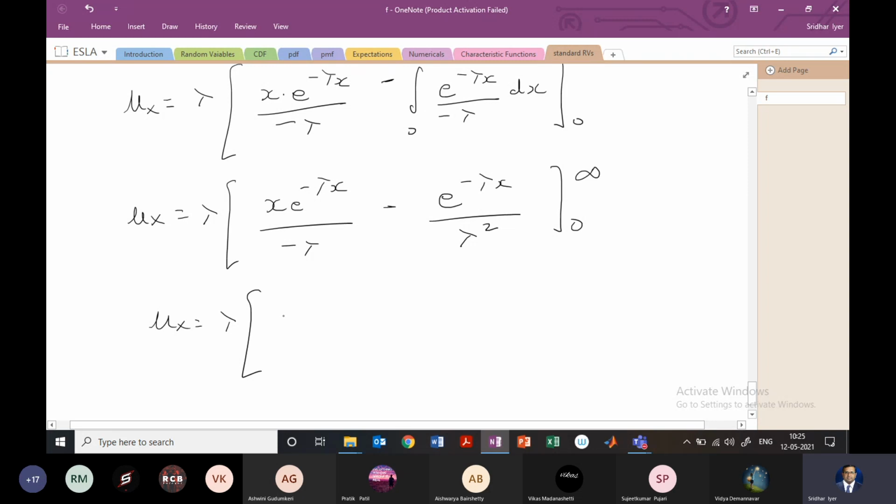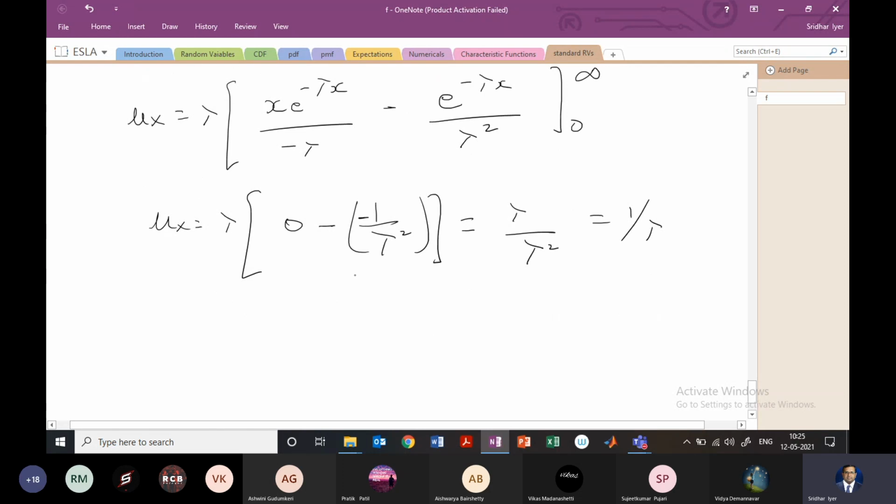Now we'll substitute for the infinity part. So you'll have 0 minus, in the second term you'll have 1 by lambda square. Therefore, you get lambda divided by lambda square. There's a negative term here. So you get lambda divided by lambda square, which is 1 by lambda.